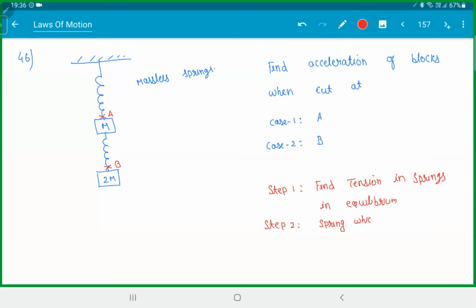Other springs are unaffected. Step 3, use ΣF equals ma to find the acceleration of the blocks.